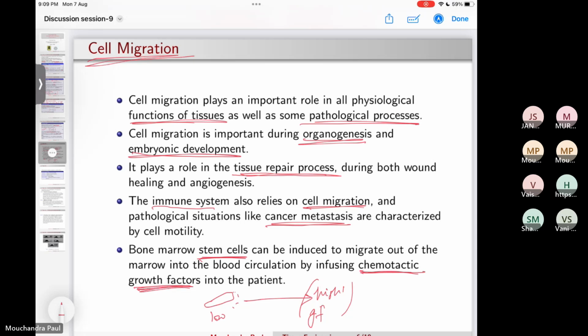Because from the perspective of the cell, it feels that it is being called, I have been called to come there. In this way the migration happens. A concentration gradient it has to sense in order to migrate. That is what I'm talking about.